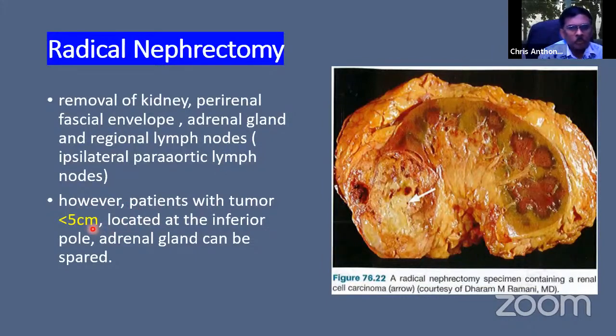However, in patients with tumor less than 5 centimeters located at the inferior pole of the kidney, the adrenal gland can be spared. If it's the inferior pole, if the tumor is less than 5 centimeters, then the adrenal gland at the opposite pole is spared.